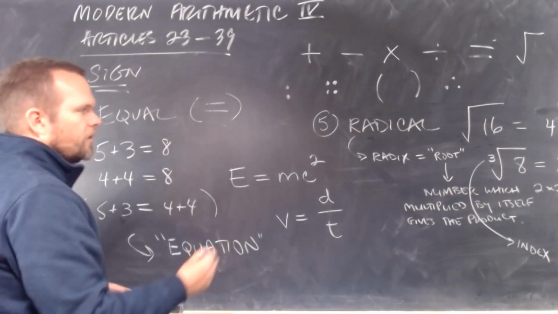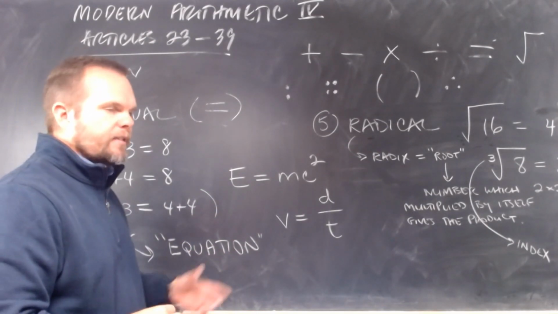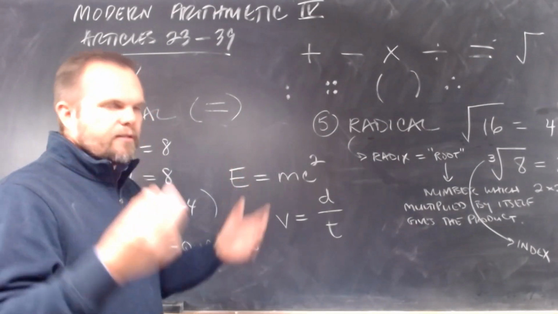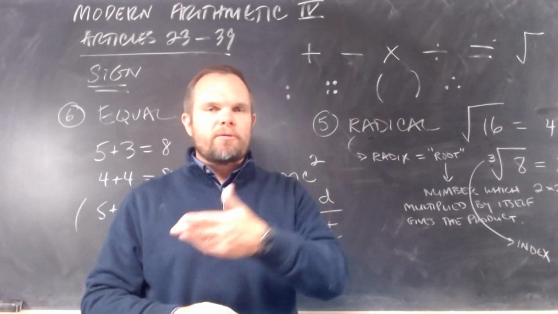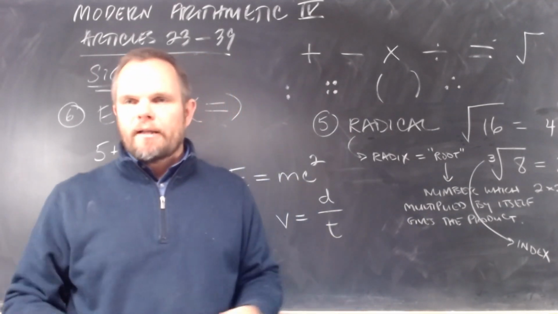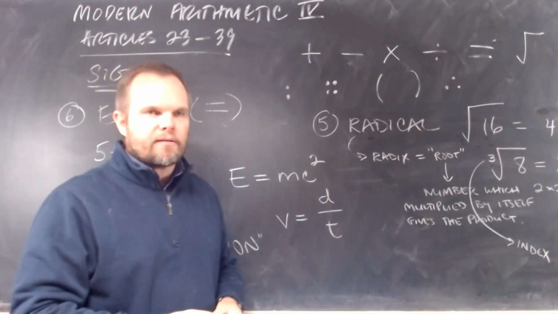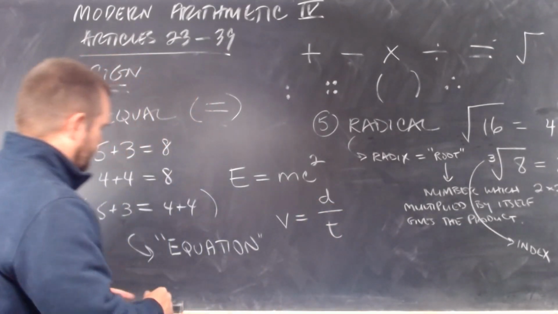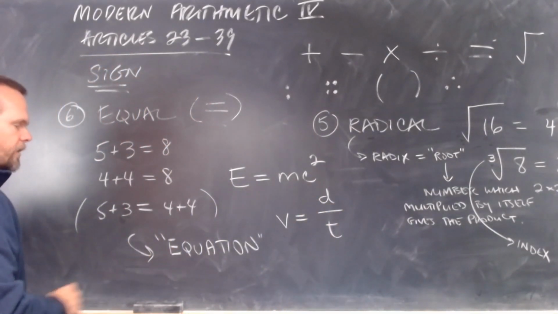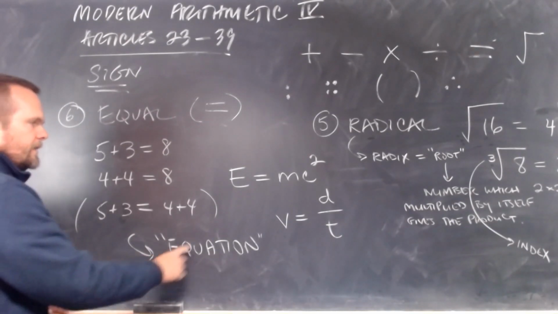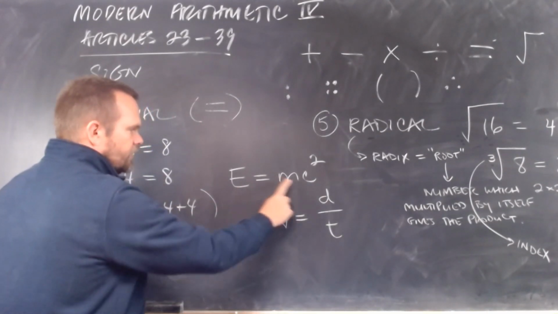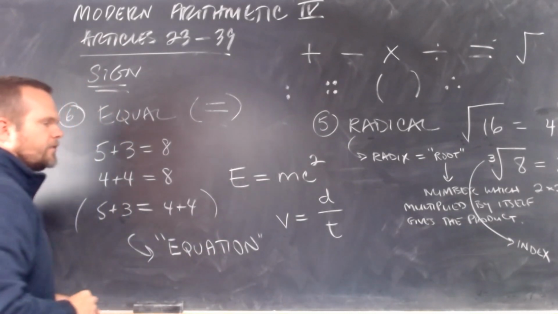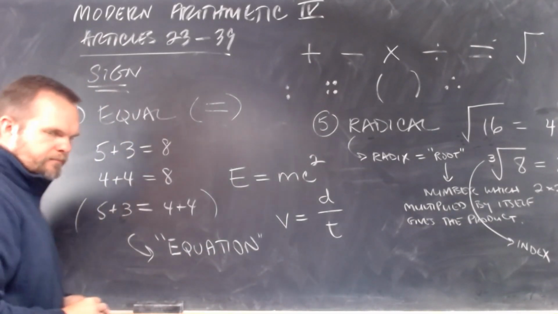This is where you learn the language of mathematics, and if you don't learn it, it's like not learning Spanish and then traveling to Spain and complaining that you can't understand anything. It's your fault. This is the language of mathematics. So we learned what an equation is. An equation is an expression that shows us that two quantities are equal to each other.